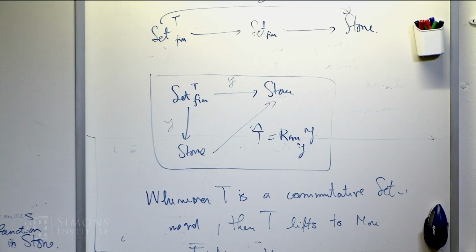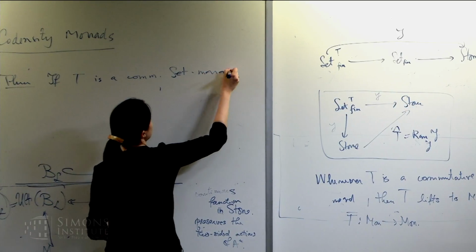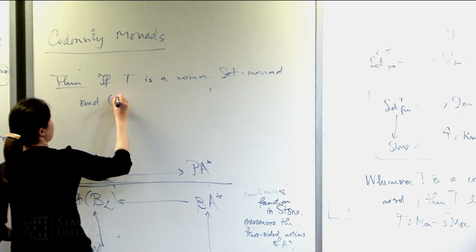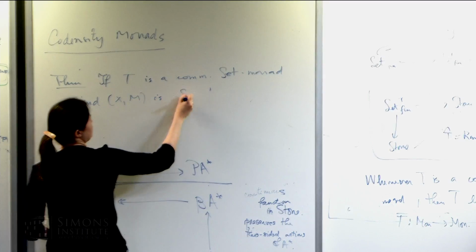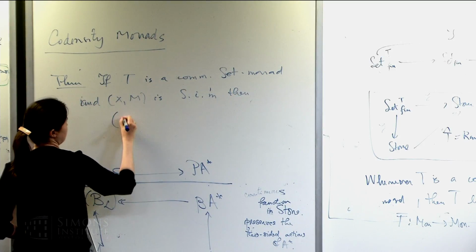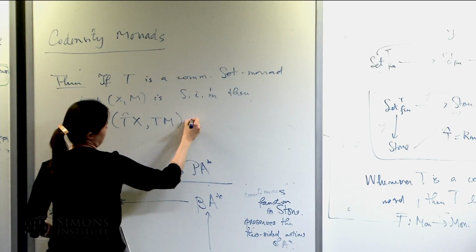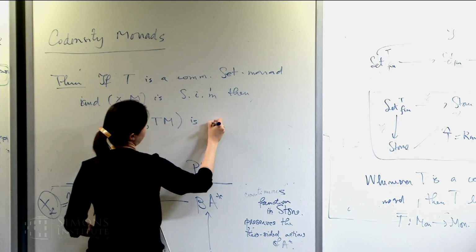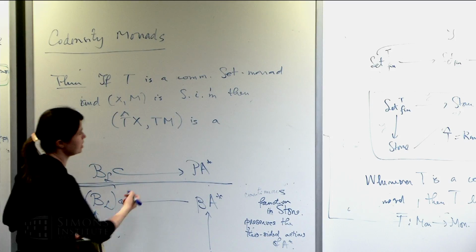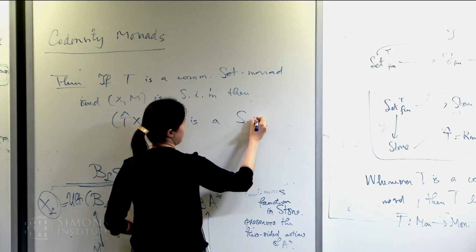So if T is a commutative set monad, and X with M is a stone space with an internal monoid, then T hat of X, where T hat is this extension of T to stone spaces, and T hat of M is again a stone space with internal monads.